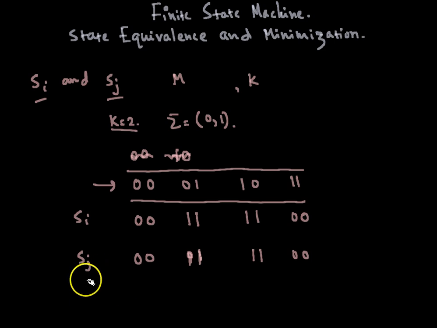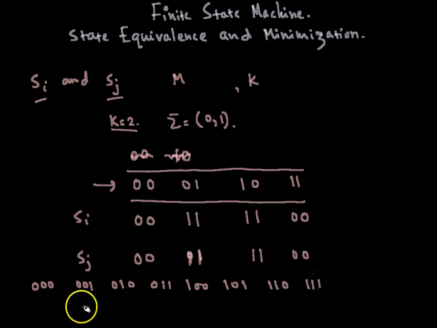Now for input string of length 3, we can only have these 8 different strings: 0 0 0, 0 0 1, 0 1 0, 0 1 1, 1 0 0, 1 0 1, 1 1 0 and 1 1 1. These 8 possible inputs are possible with input string of length 3.